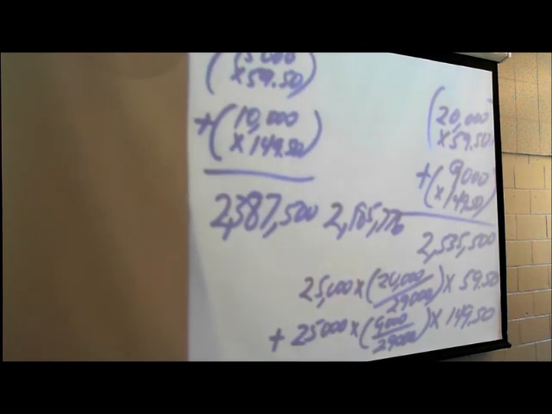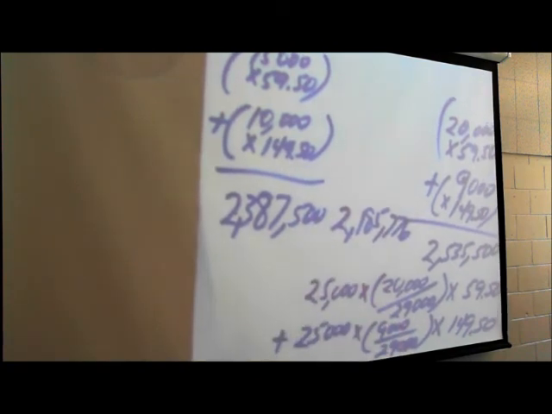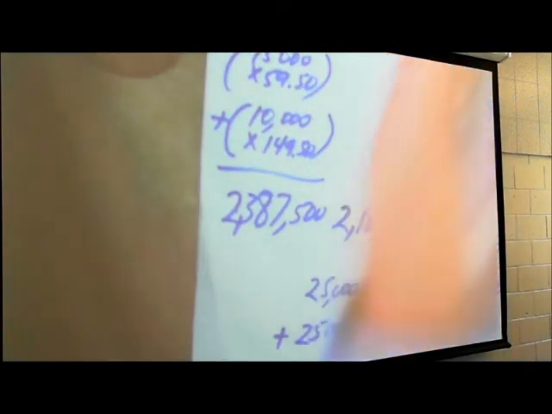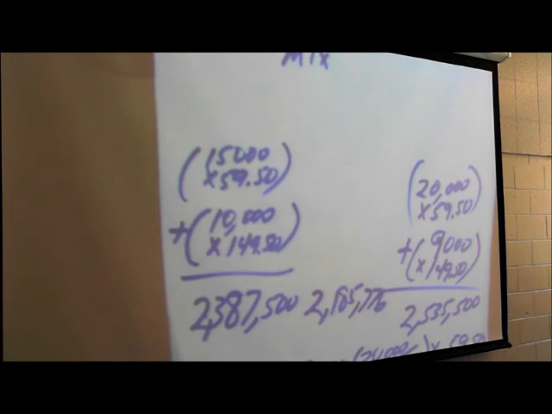Okay. Guess what then? Our mix variance is going to be the difference between these two numbers. What is 2,387,500 minus 2,185,776?